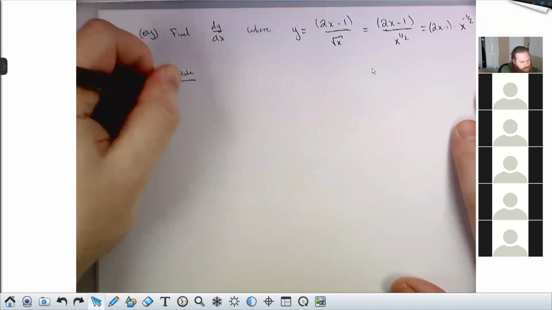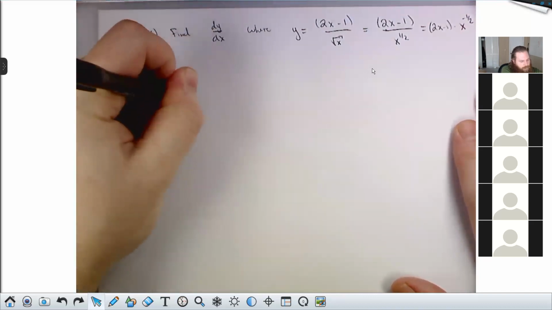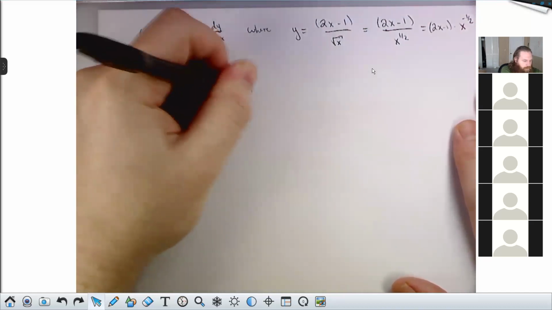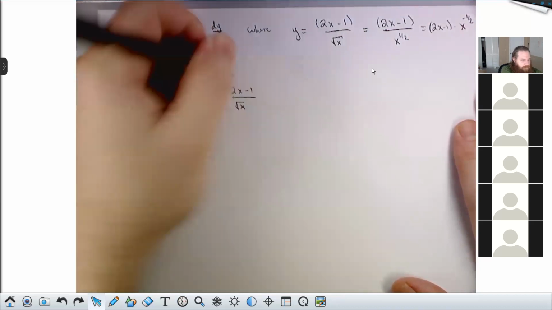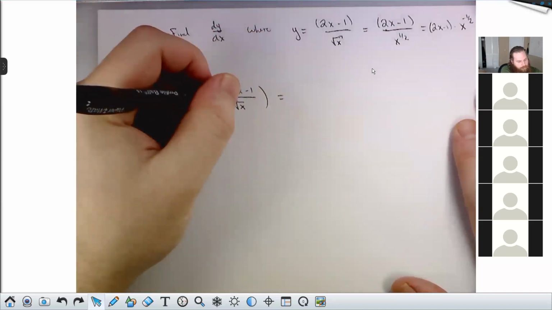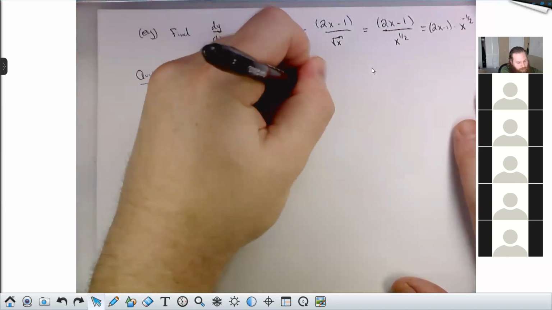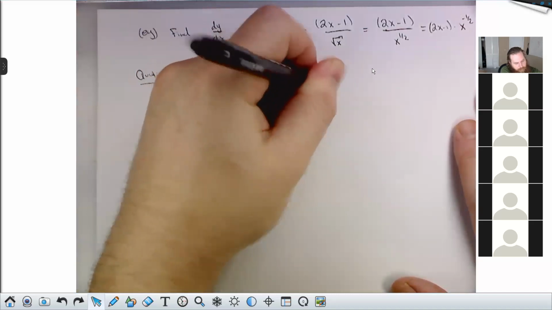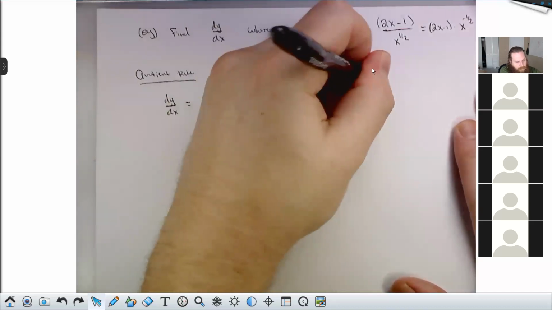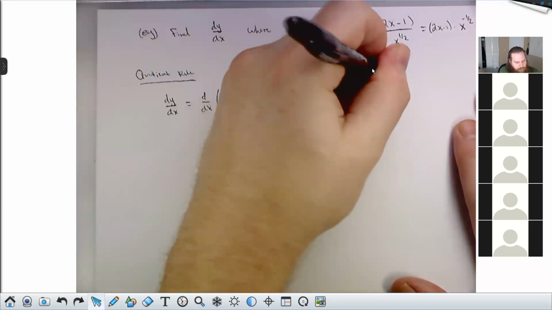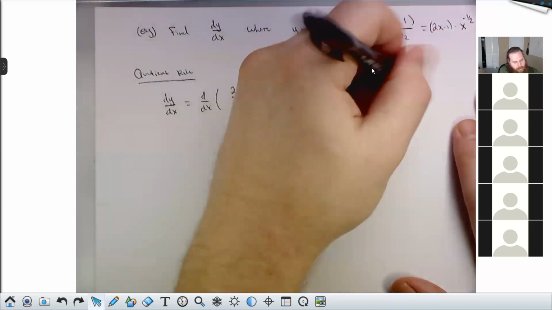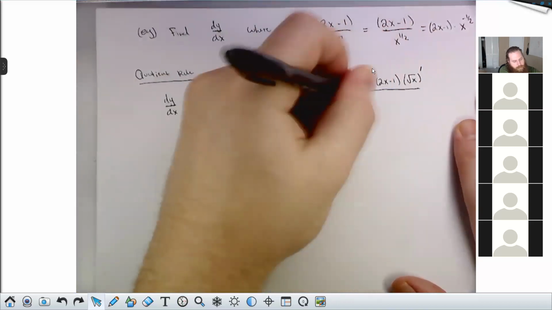This says that the derivative that I want, dy/dx, which is d/dx of this thing, 2x minus 1 over the square root of x, could be calculated as the bottom times the derivative of the top, minus the top times the derivative of the bottom, over the bottom squared.